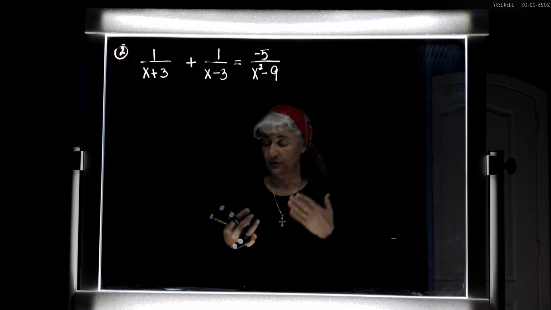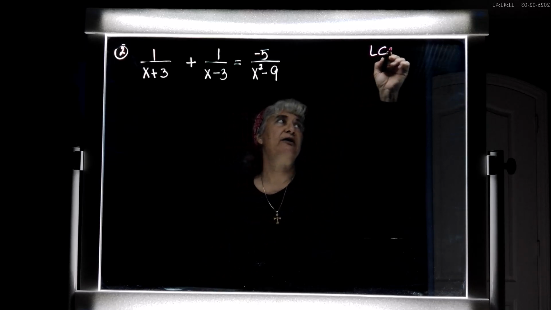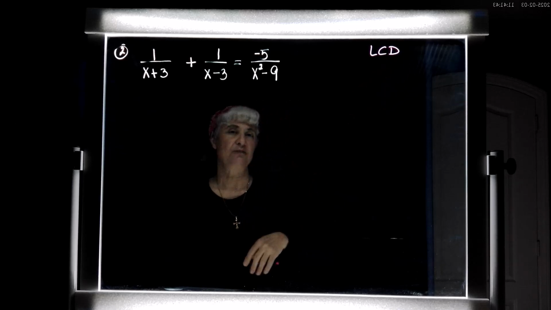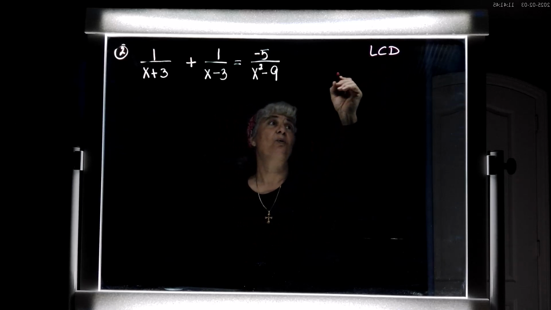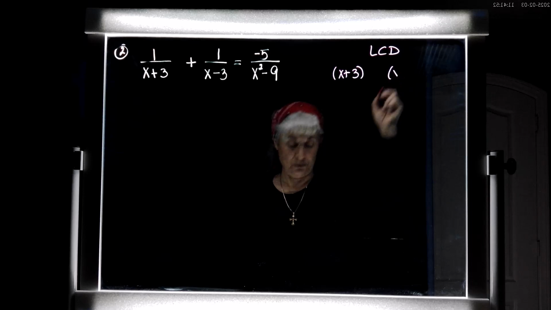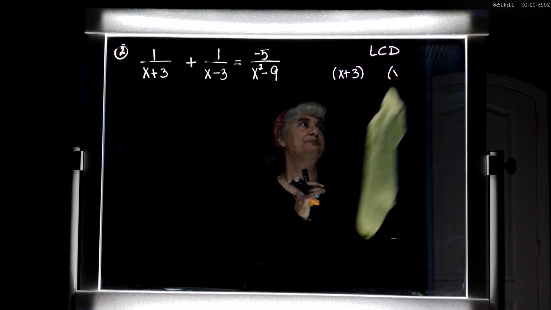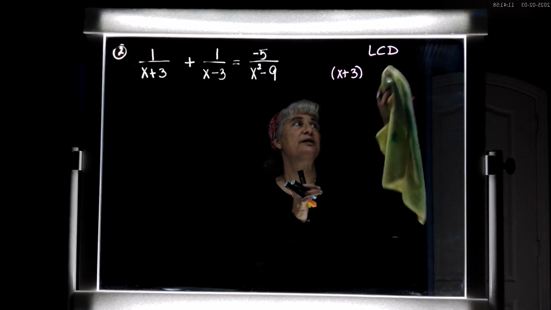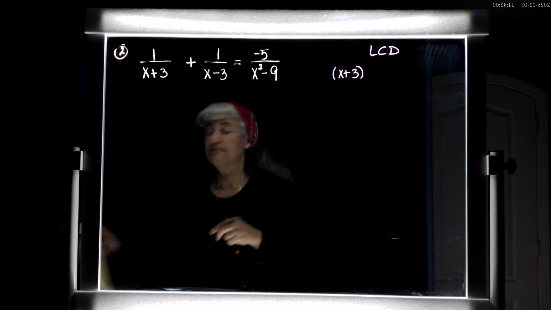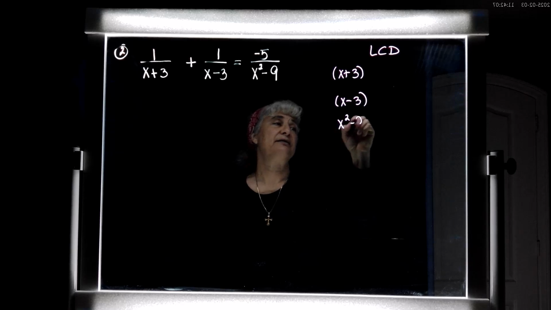Remember what I've mentioned? We need to find a common denominator, and I always put LCD because we always want the lowest common denominator. So one of our denominators is x plus 3. Another one is x minus 3. And then another one is x squared minus 9.